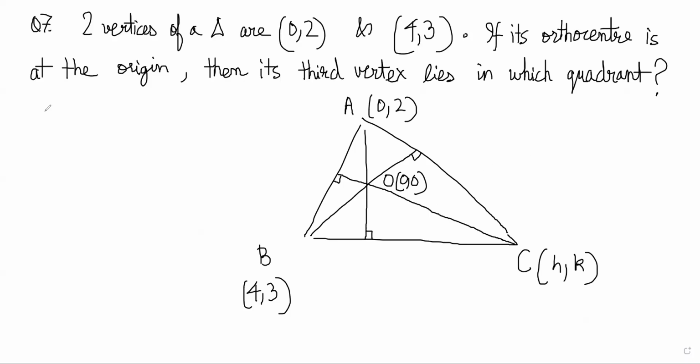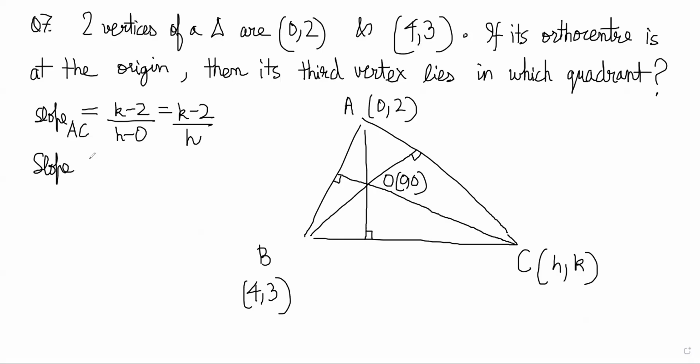So notice that slope of AC is equal to k minus 2 by h minus 0. So k minus 2 by h. And slope of OB is the altitude to AC. Slope of OB is clearly 3 minus 0 by 4 minus 0, right? So we get 3 by 4. And these two slopes have to be perpendicular.